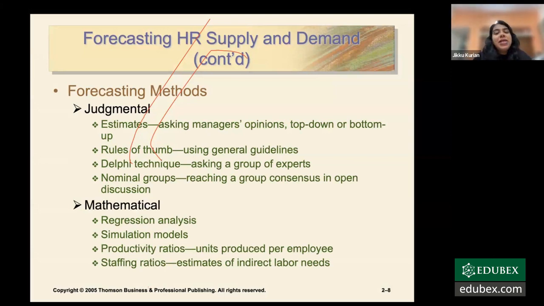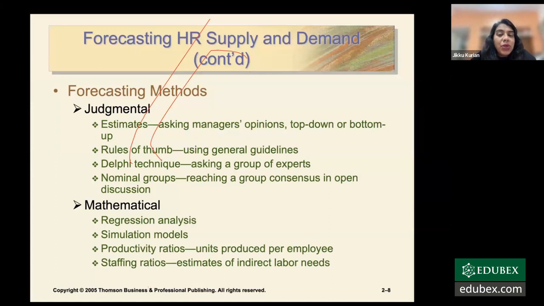If you look at a department of any organization, for example the sales department, there will be a manager, and he will be the most appropriate person to predict, without using much of data analytics techniques, based on his experience of how many people joined and how many people left in the previous years. He will be able to give you an estimate of how the turnover will be progressing this year. That is asking managers' opinions.